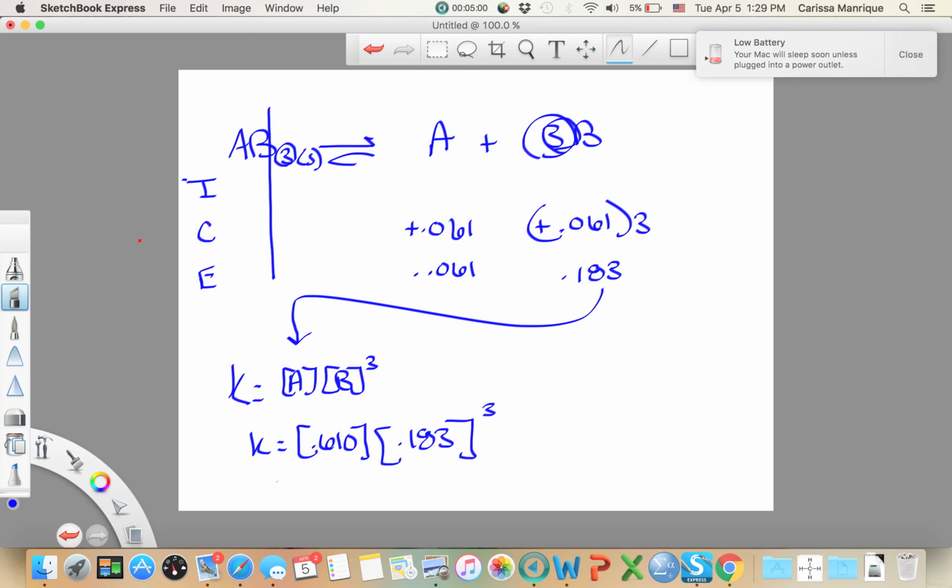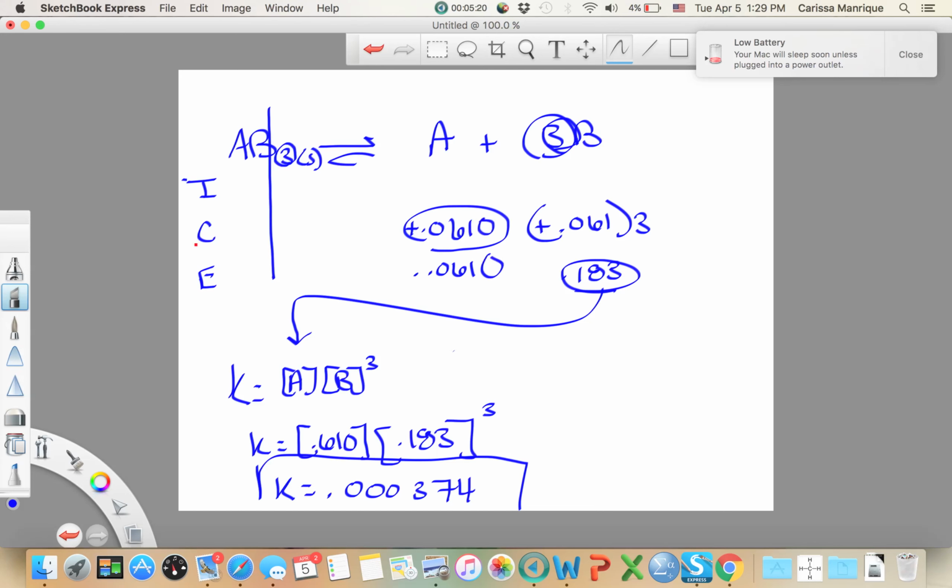Now I can plug all these values into here. So K equals A, which is 0.0610, times B, which is 0.183 cubed. So you put that in your calculator and you should get 0.000374, or approximately that, close to that.